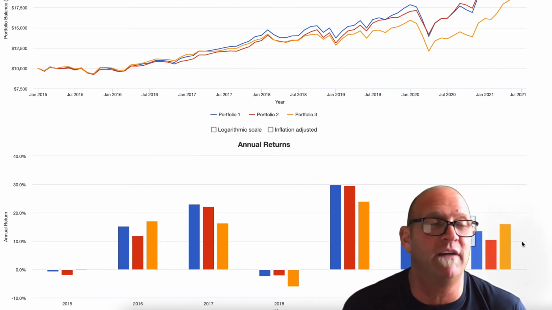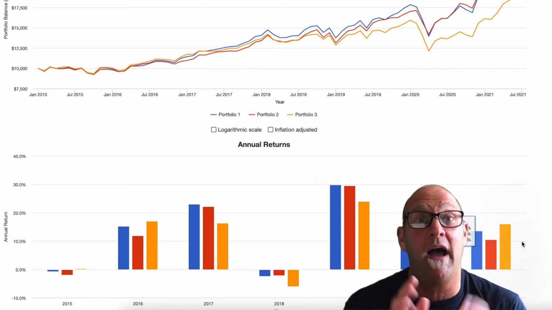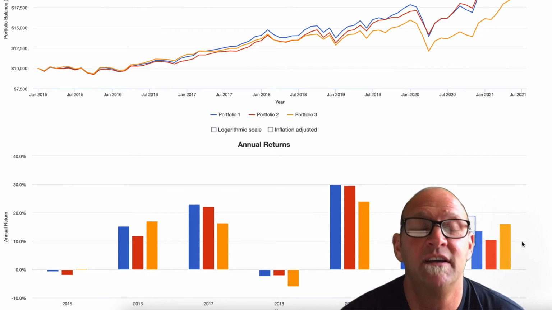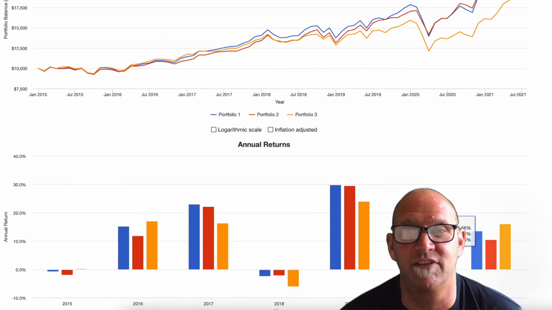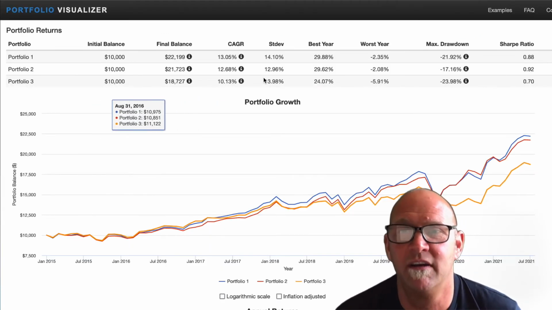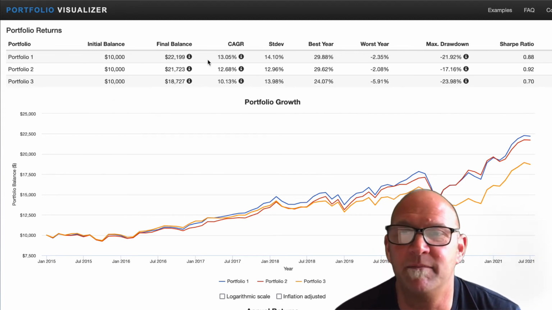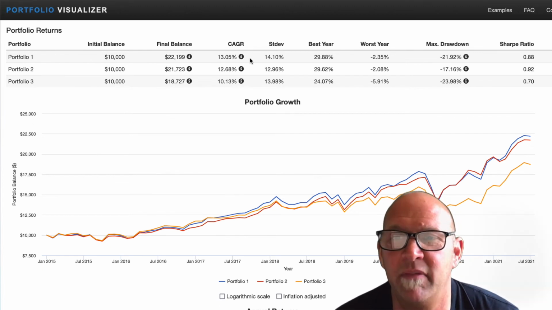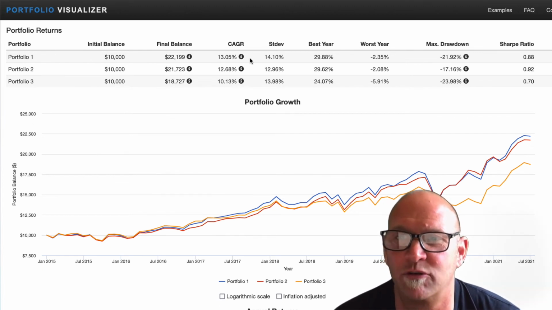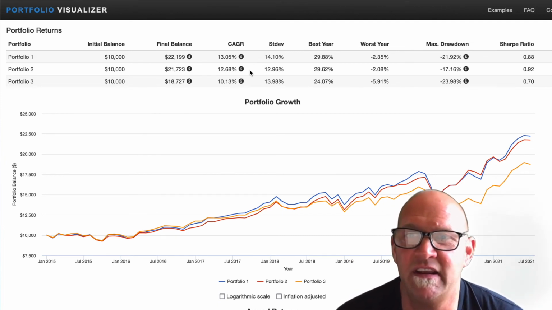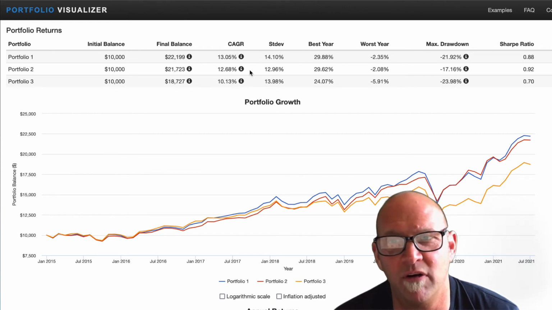But remember, if you're a long-term investor, and I encourage everyone to be long-term investors, depending on what your strategy is, it's going to dictate what you want for these funds, right? So if we look at, again, portfolio 1 being DGRO, the CAGR, the compounded annual growth rate, was 13.05%. For VIG, it was about 12.7%.